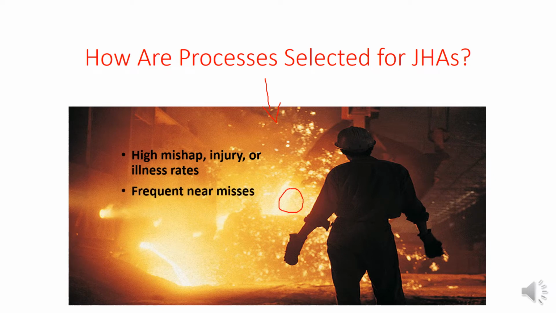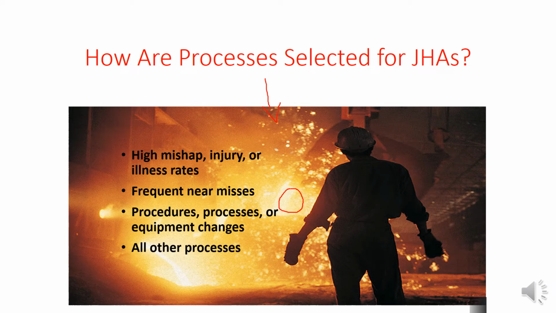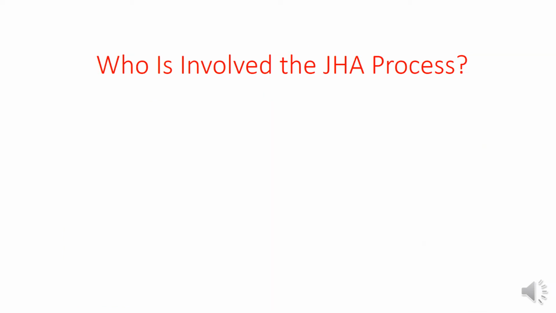There are always frequent near misses. Accidents are only being missed, or people are just getting by a whisker. So what we should look into is installing a procedure, a process, and probably looking for equipment changes or any other process.